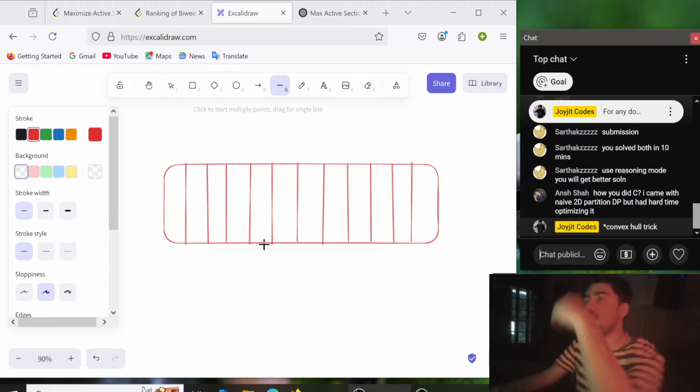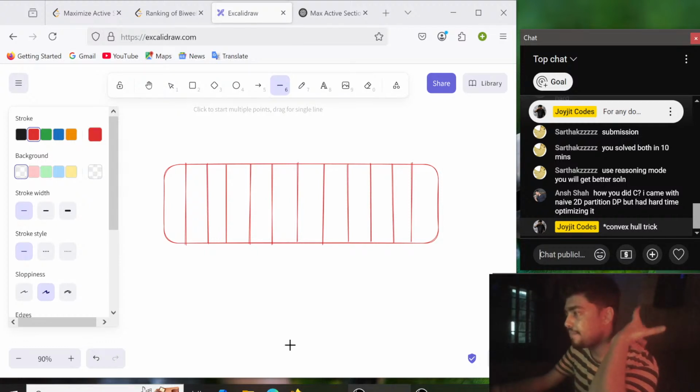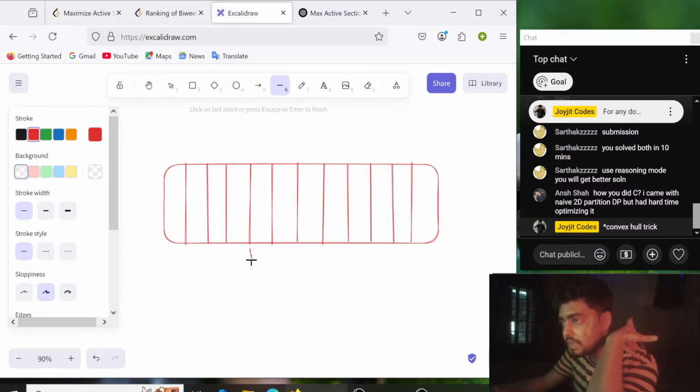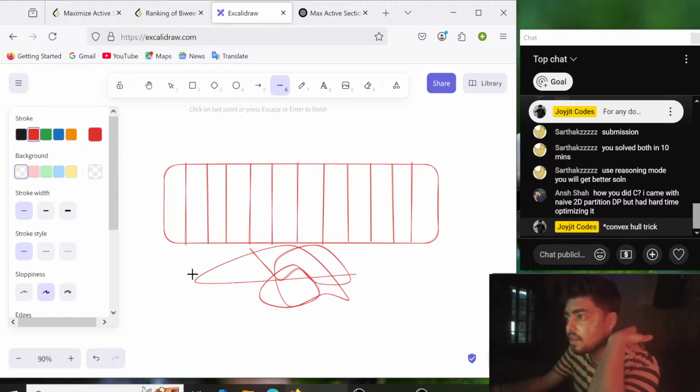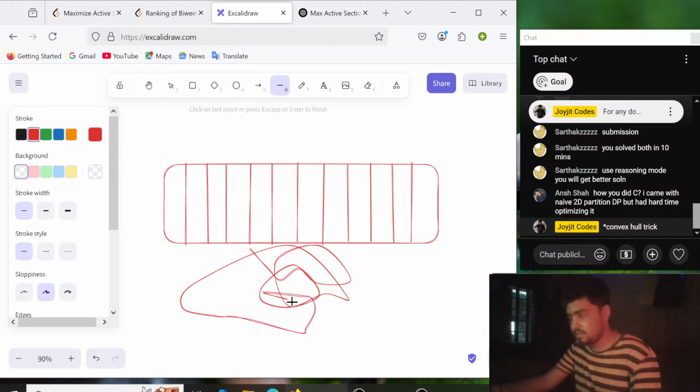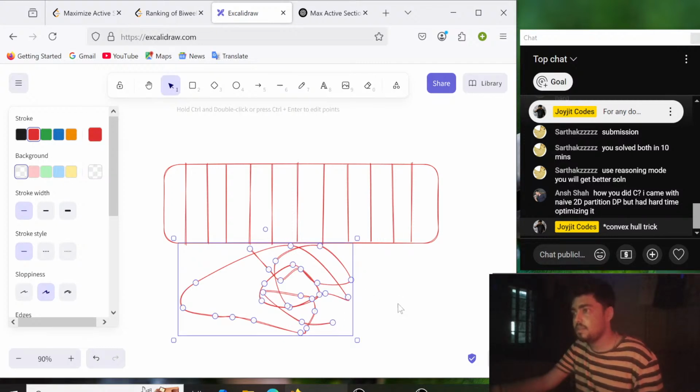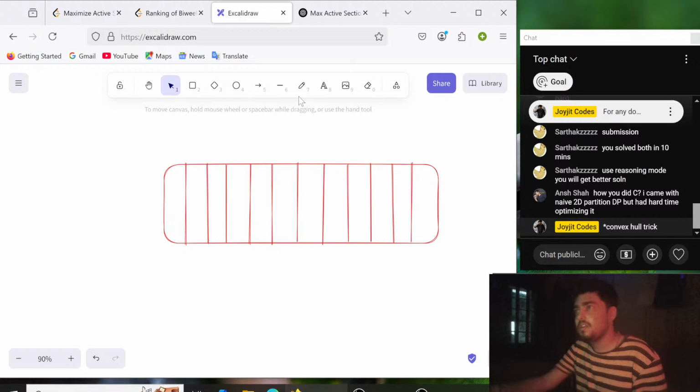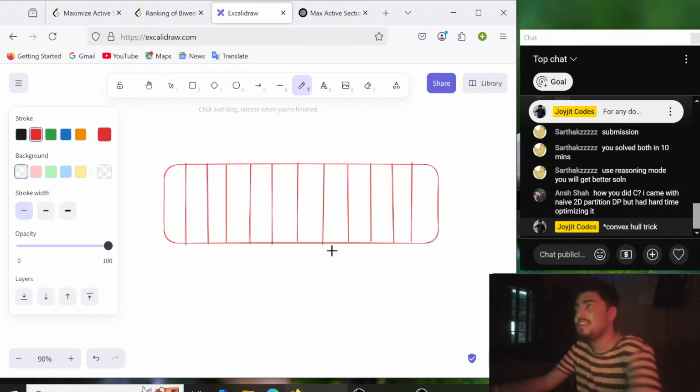Okay. Now, let's say we have this array and we can perform the operations. Okay, I think I won't be using it. Wow, this is nice. What the heck was that?